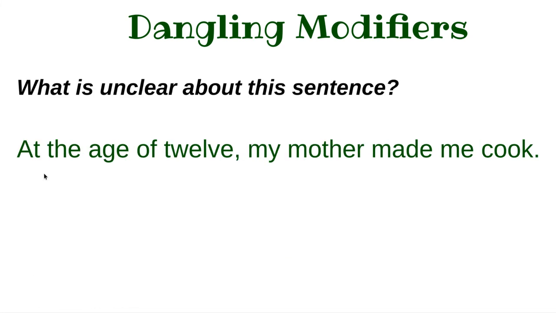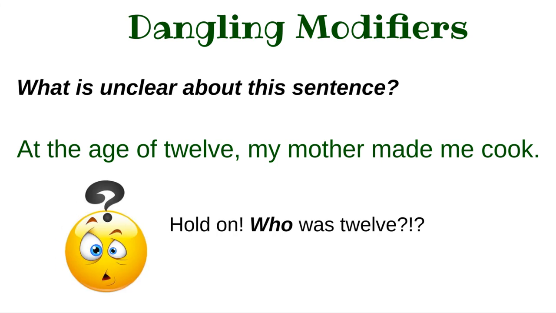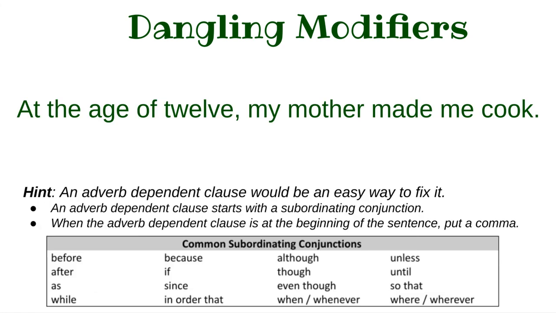What about this one? At the age of 12, my mother made me cook. Whoa, wait a minute. Who was 12? Was your mother 12? I think that's impossible. Okay, this one, it would be really easy to add an adverb dependent clause. And if you remember, an adverb dependent clause starts with a subordinating conjunction.